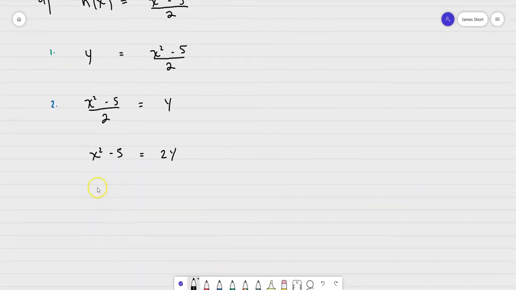And what we're left with is x squared is equal to 2y plus 5. Last thing we can do is isolate x. We're taking the square root of both sides, so this power of 2 becomes the square root on this side. So x is the square root of 2y plus 5.